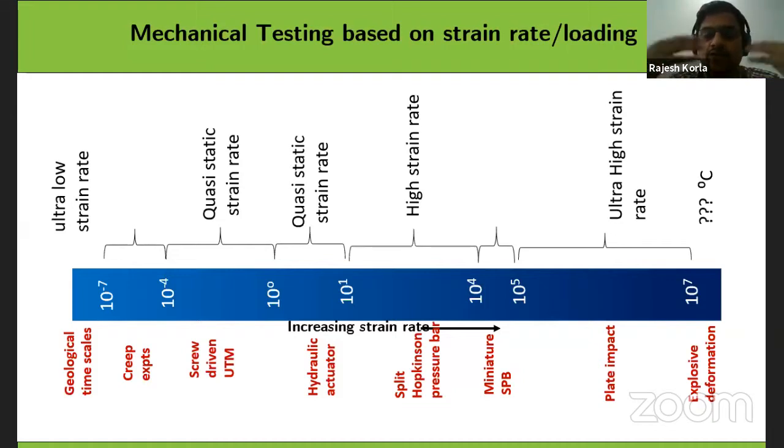This is like an explosive, for example, materials that experience explosives will experience this kind of strain rate. For this, people use a plate impact test, where we can't measure the strain rate quantitatively, but we can measure qualitatively the effect of high strain rates on the deformation behavior.